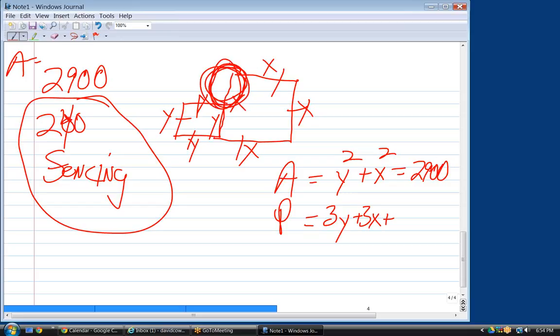Y minus x. Well, x minus y. It's the bigger minus the little. Right? In other words, the big one is x, the little one is y, so this distance right here is x minus y. And that completes our perimeter.